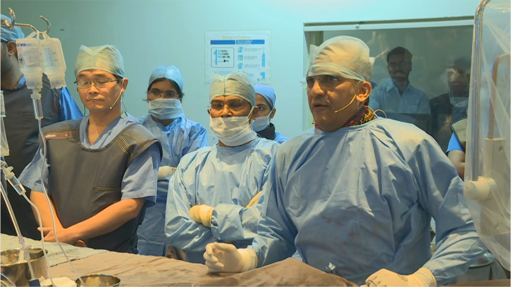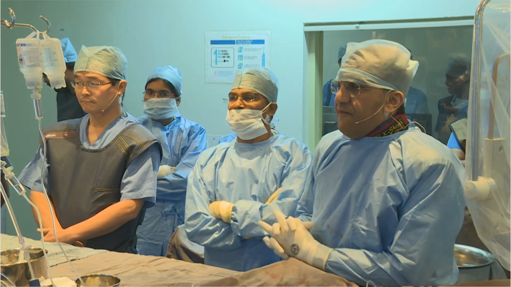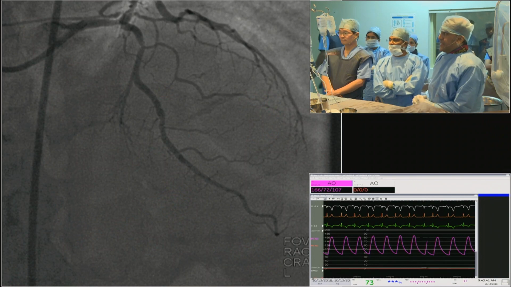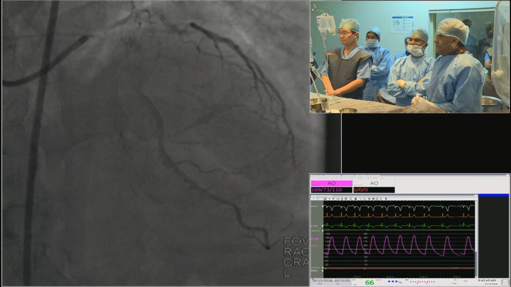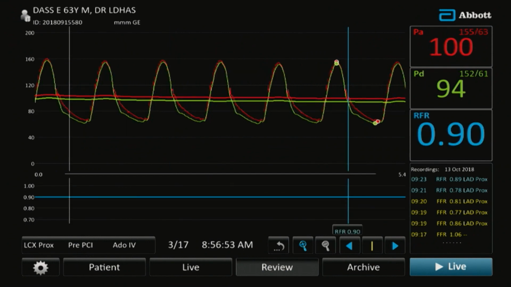Can we show them the RFR for the circumflex OM, please? So this is the RFR value for the circumflex with the branch. Keep that stationary, please. Stop that image. Into the upper OM branch. So right in the upper OM branch, the RFR value is 0.9.